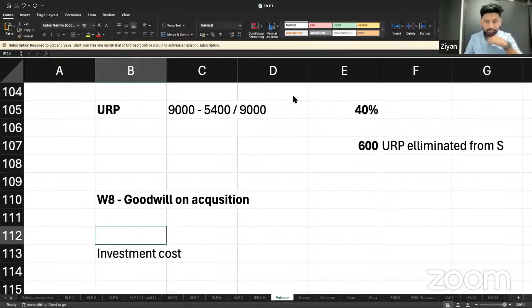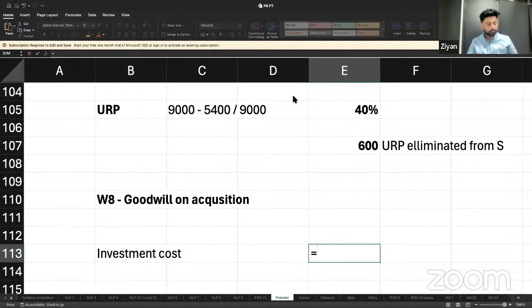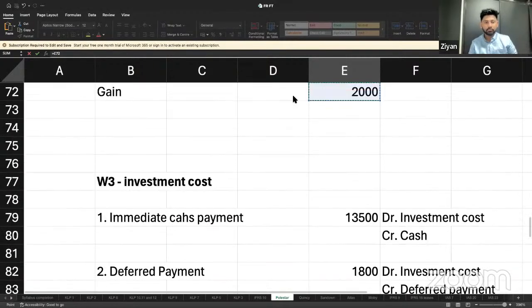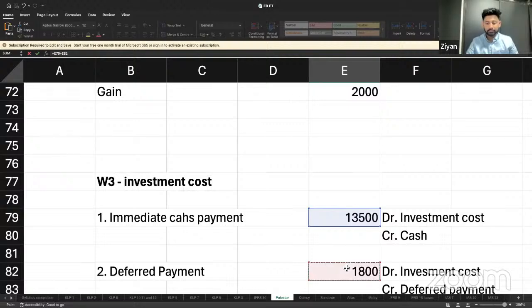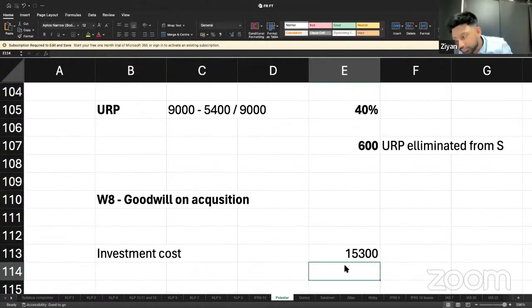Investment cost. Don't forget, we took our investment cost on top. Immediate cash payment 13,500, and then 1,800. In total, 15,300. Are you clear?